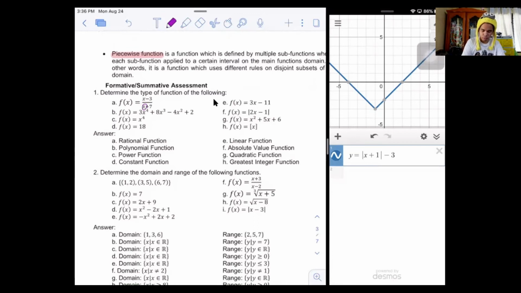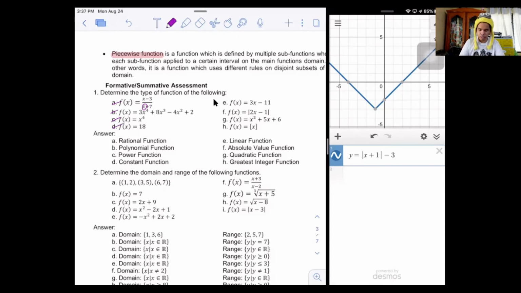Yes, it's obviously polynomial because walay negative nga exponent and wala pay radical nga exponent. And then the highest exponent is 4. In fact, say for example, when we say f of x equals 2, it's also polynomial. But the special term for that is constant function. For letter C, we have power function. Pwede gihapon siya tawagon nga polynomial. For letter D, f of x equals 18, it's constant function.